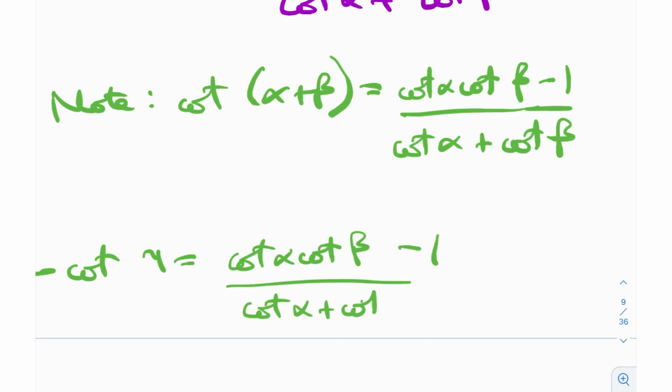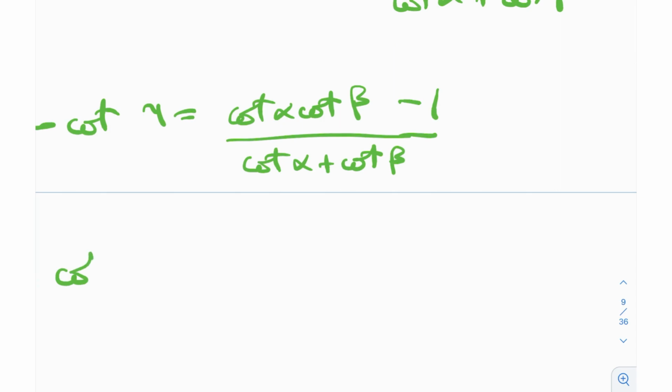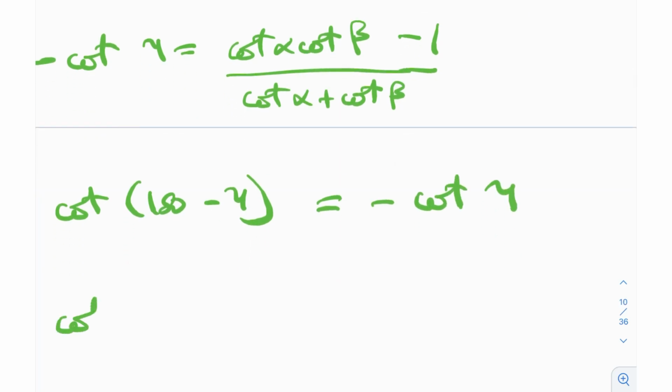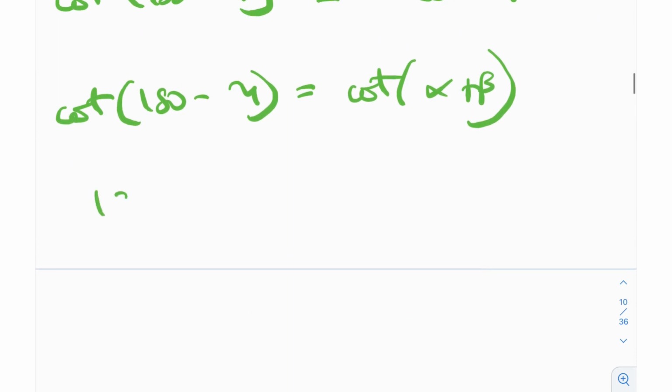Now from the allied angle formula, I know that cotangent of 180 minus gamma, that is cotangent of pi minus gamma, is negative cotangent gamma. So this essentially becomes cotangent of 180 minus gamma is equal to cotangent of alpha plus beta, which is excellent because 180 minus gamma then becomes alpha plus beta.